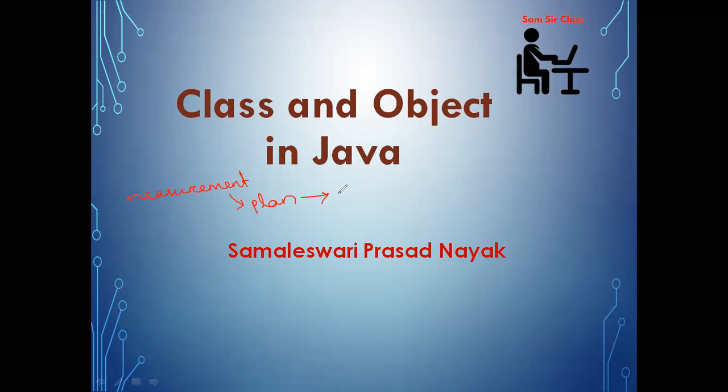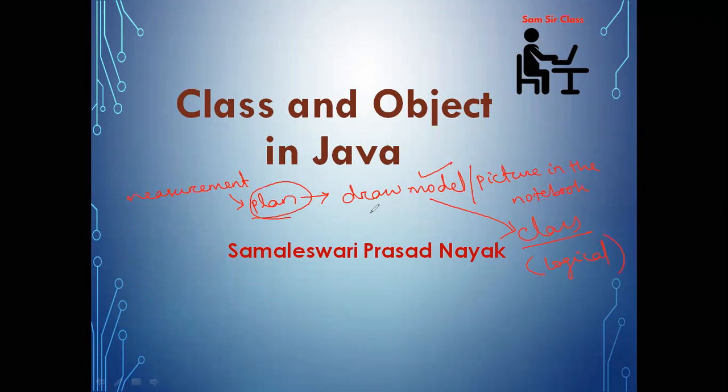So the tailor may take some time and will draw a model or a picture in the notebook. Clear? We all have experienced this particular situation. Okay, so whatever plan or model he or she has drawn in the notebook, that model is known as the class, which is a logical entity.